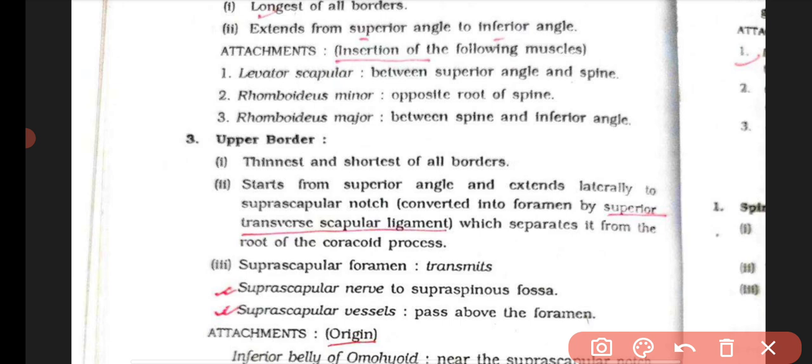It starts from the superior angle and extends laterally to the suprascapular notch.